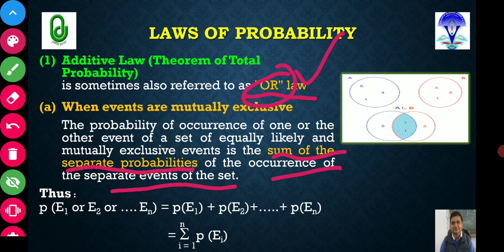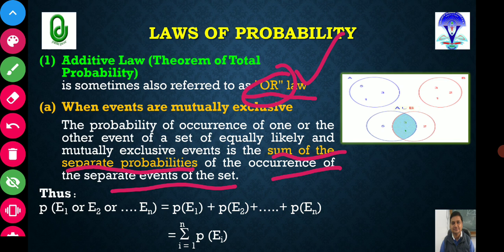of the occurrence of separate events of the set. So suppose you are tossing a coin. You have a set of events which includes the event head and the event tail. If you want to know the probability of occurrence of either head or tail, here you can note the word "or".